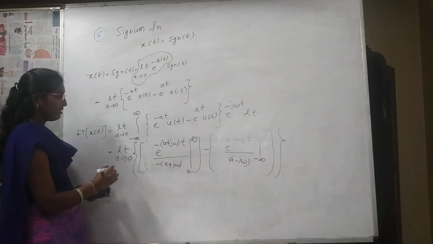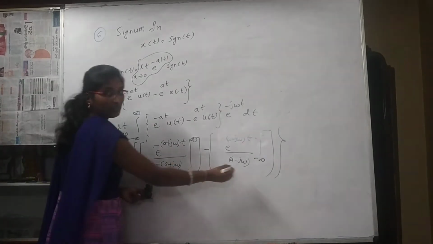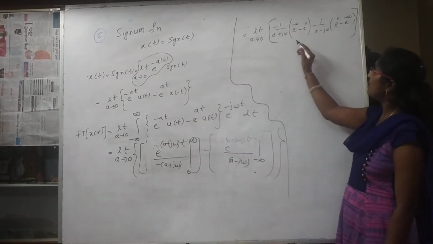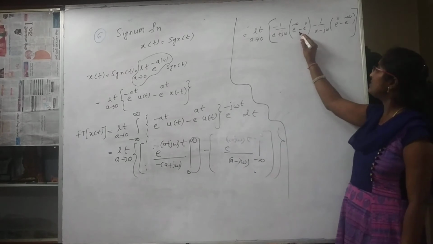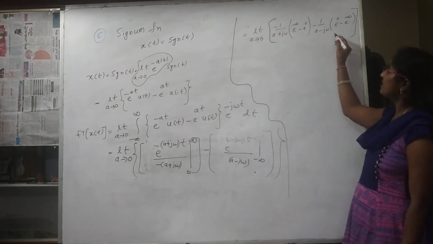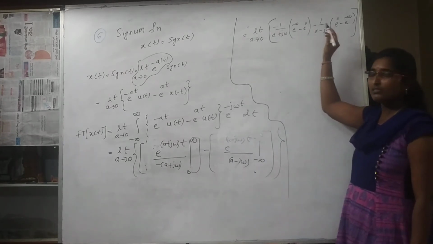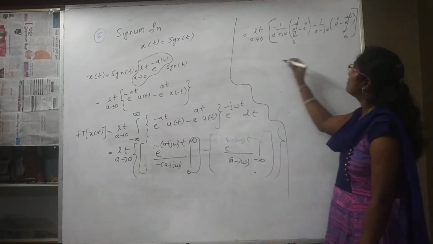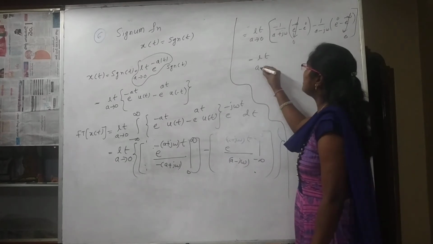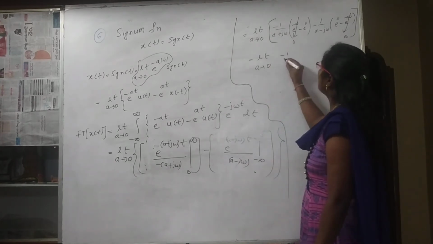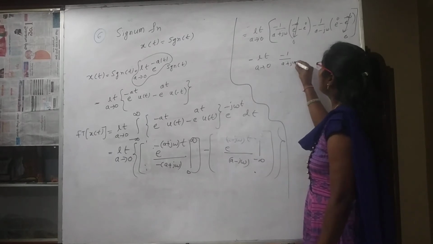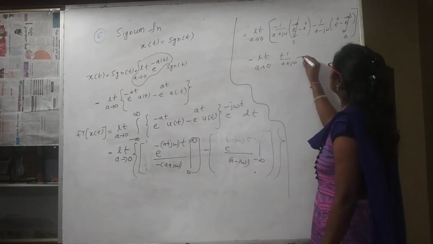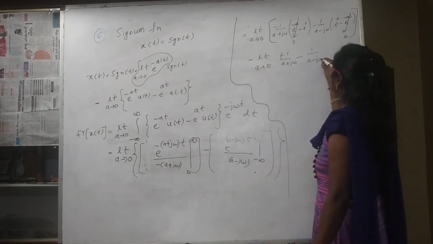Okay, then apply the limits, upper limit and lower limit, e power minus infinity upper limit and minus e power 0. And even for the second term also apply the upper limit and lower limit. E power minus infinity will become 0. Limit a tends to 0, minus 1 by a plus j omega, and here minus e power 0 is there, that is minus 1. So plus 1 is the first term and second term will be minus 1 by a minus j omega.